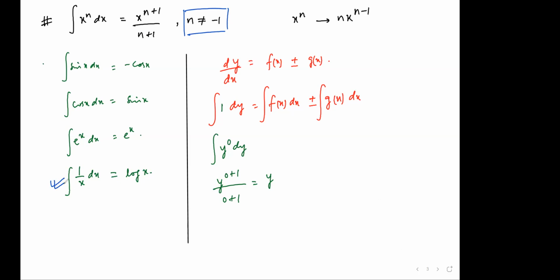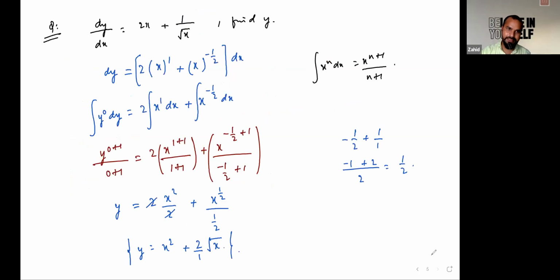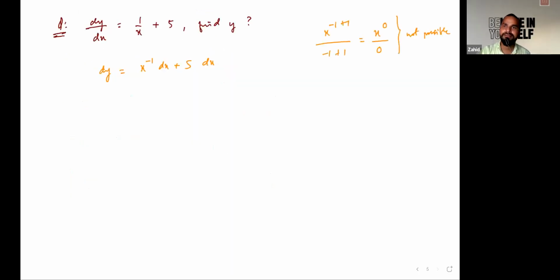Oh, okay, yes, sir. So we can simply write this as dy is equals to 1 over x times dx plus 5 times dx. Integration: here we can write y raised to the power 0, here I can write x raised to the power 0.